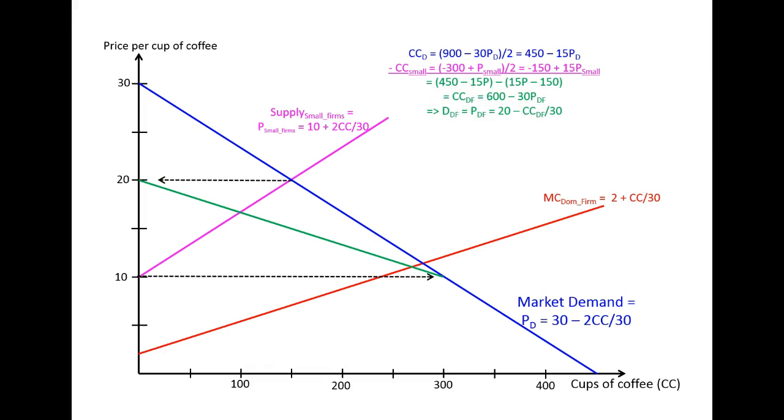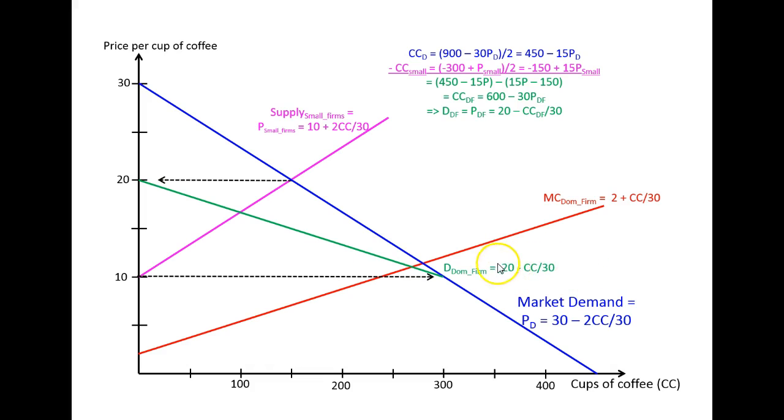So let's rewrite that to the so-called normal inverted demand function. Then we'll have price for the dominating firm equal to 20 minus cups of coffee for the dominating firm divided by 30, which is this green one there. Since the dominating firm is the price setter, and we assume that they set a uniform price on this market, we will need the marginal revenue curve as well.